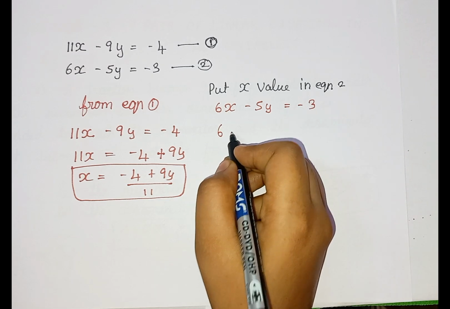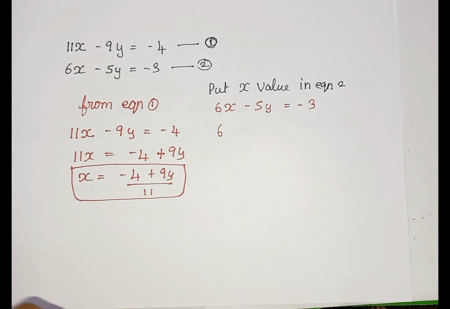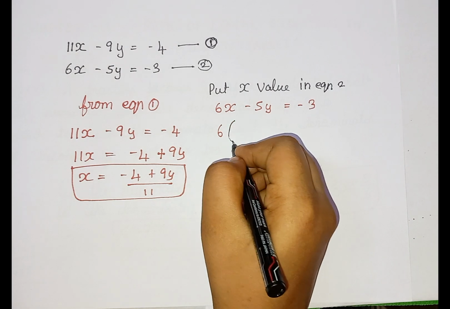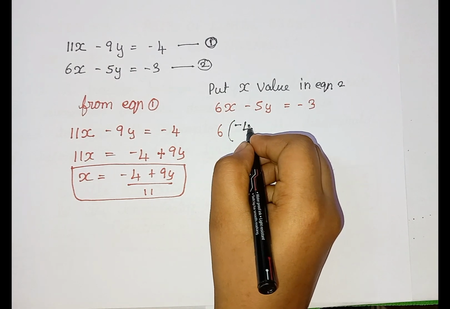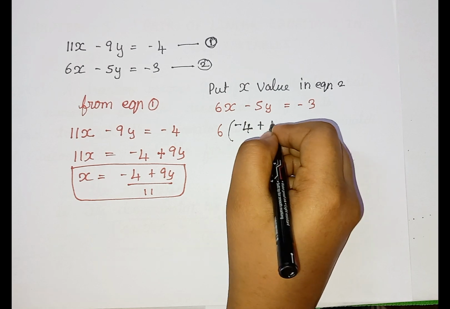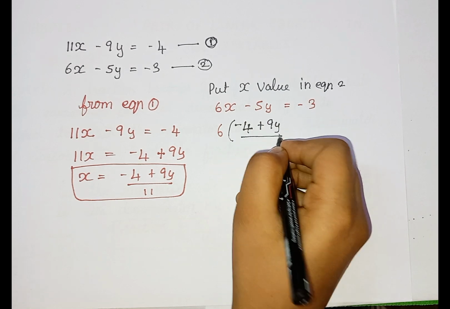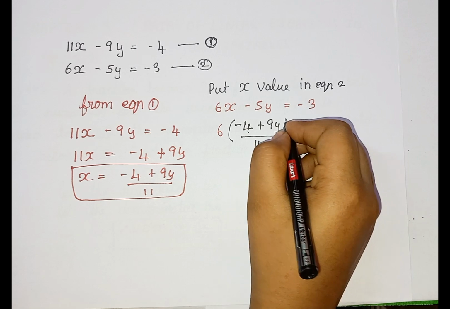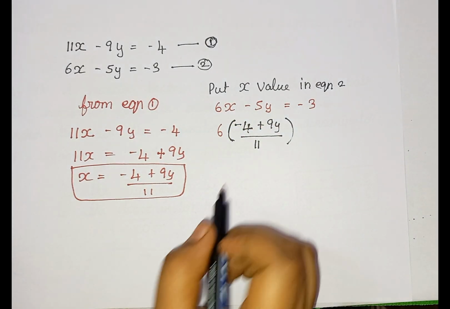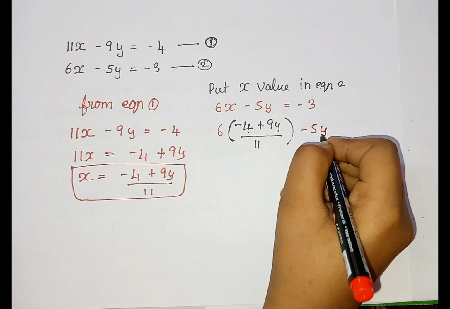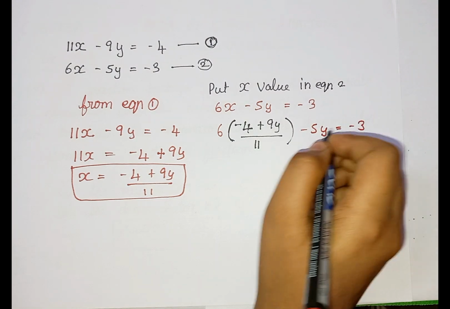So x value is this one, right? So let us write that: 6 times (minus 4 plus 9y) divided by 11, close the bracket. Now we can write minus 5y as it is, equal to minus 3.